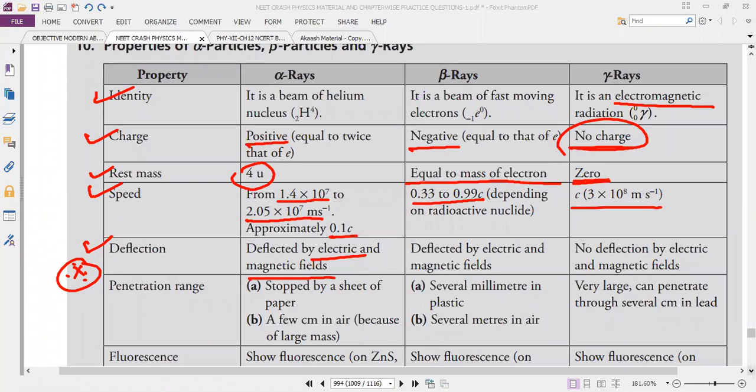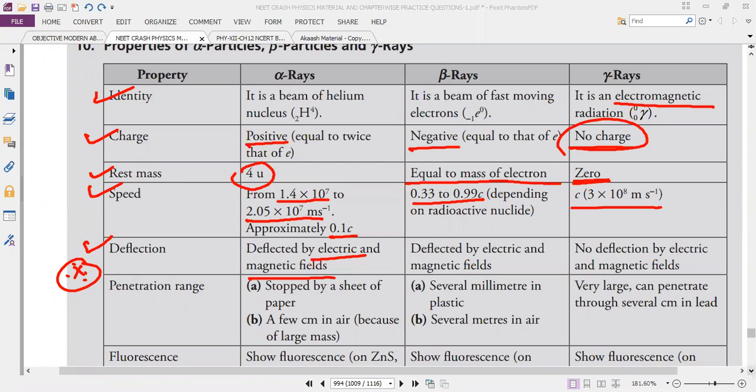Next one, penetration range. What does penetration range mean? It is the power stopped by a sheet of paper. So for the alpha particle, beta and gamma, what is the range?